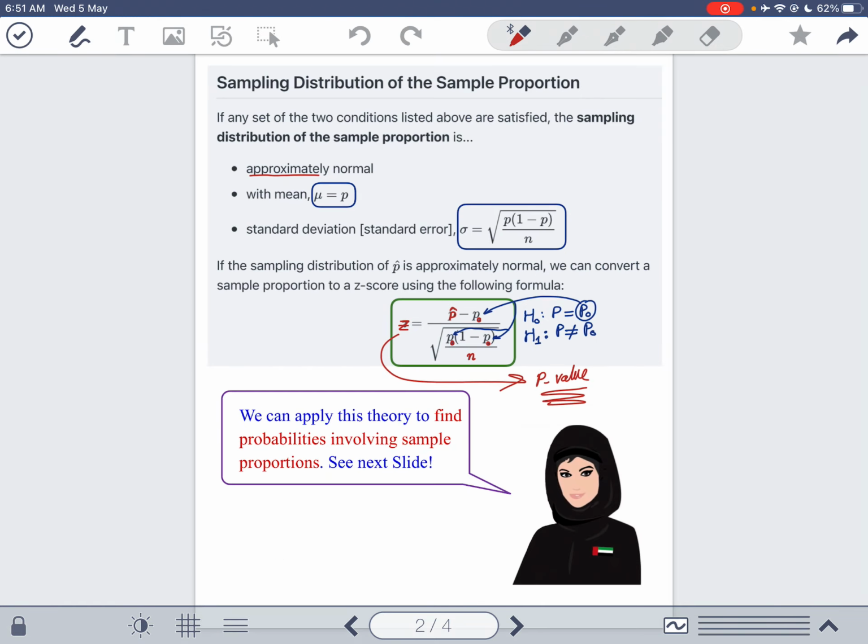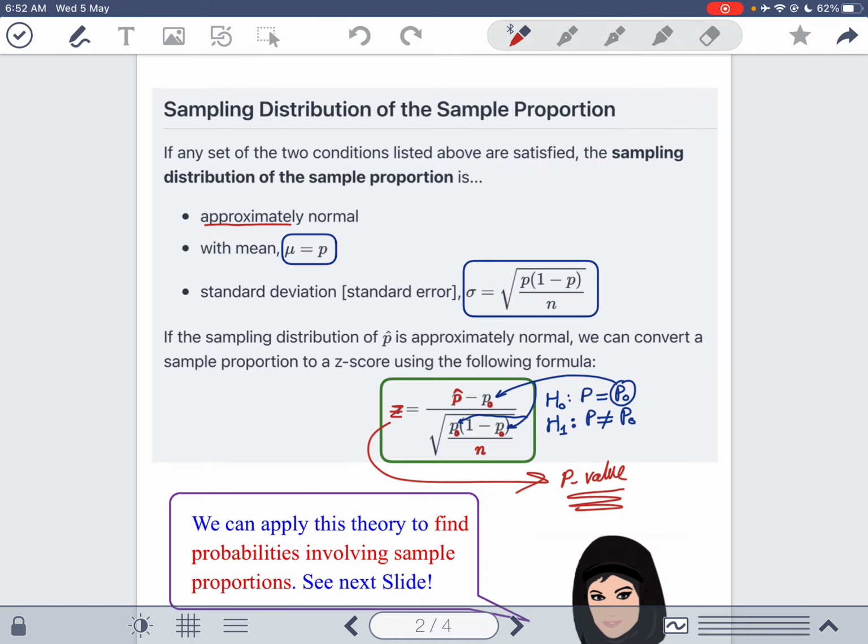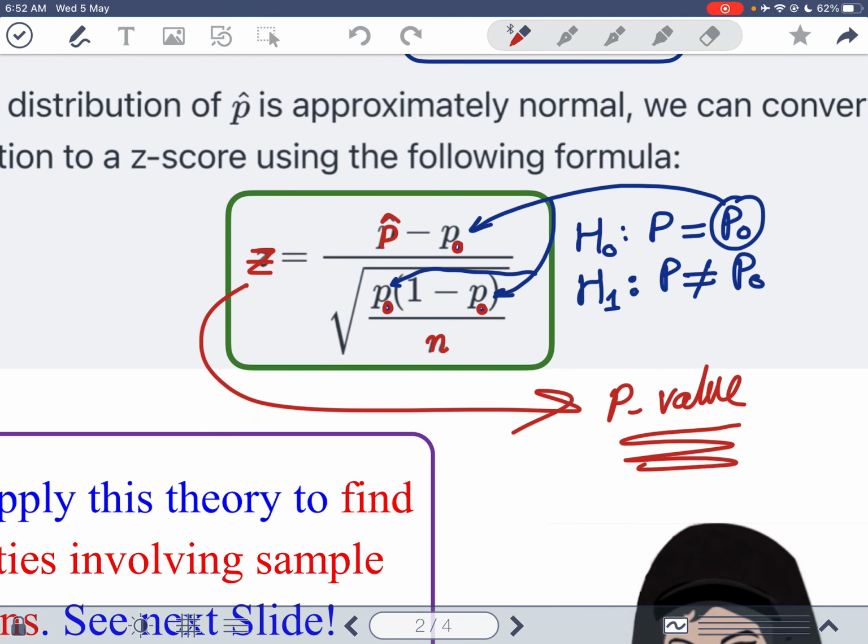So I hope that this helped you understand the differences and similarities between confidence intervals for population mean and confidence intervals for population proportion, and also how to test hypotheses. You saw that they are almost the same, but there is an advantage with the population proportion when you test hypotheses, that you always use the Z test.